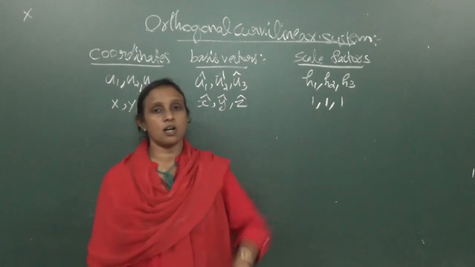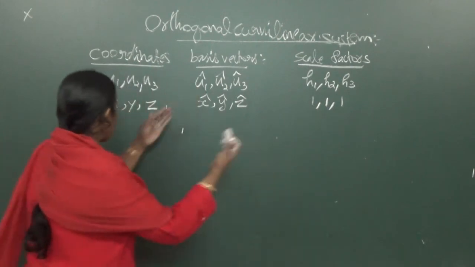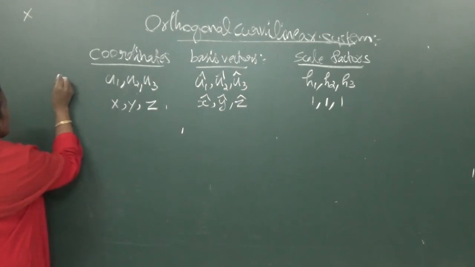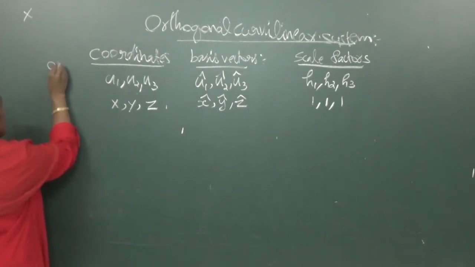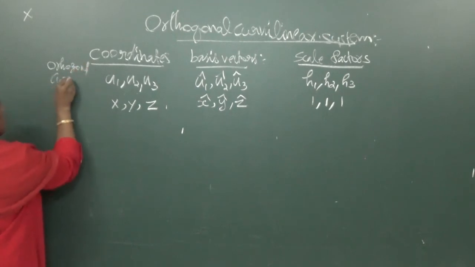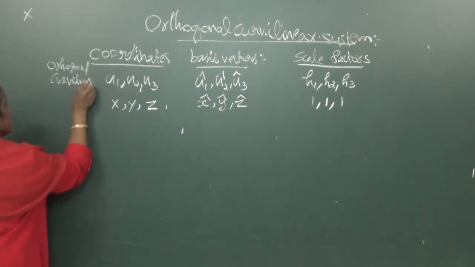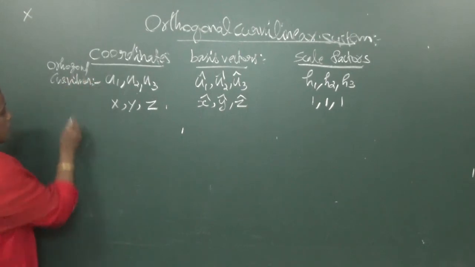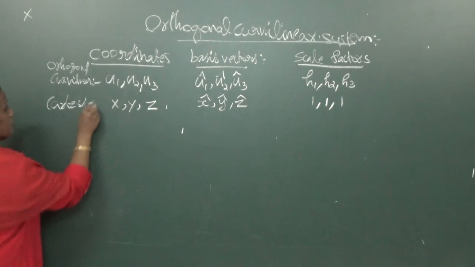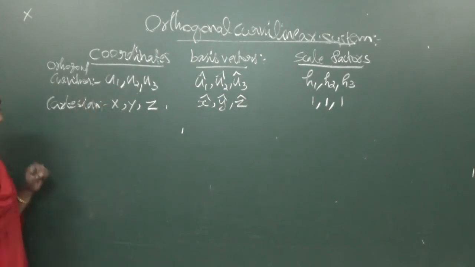But this is for the general orthogonal curvilinear system, and this is for the Cartesian system. Next one is the spherical system.